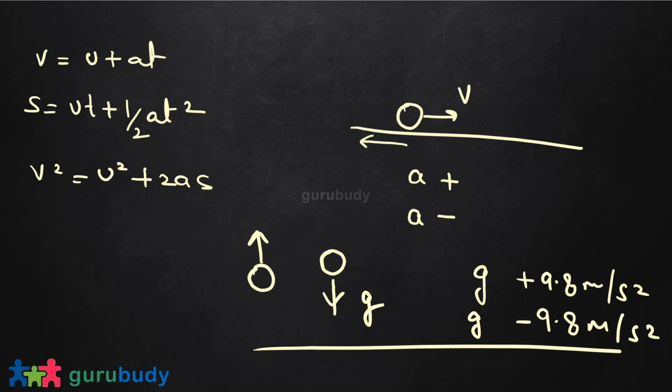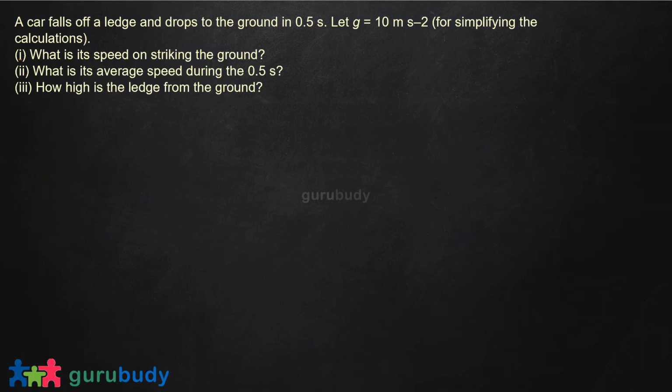Now let's look at a problem here. In this problem, they're saying there is a car which falls off an edge and drops to the ground in half a second. They also gave us the value of g. They're saying use 10 meter per second square. We calculated the value of g to be 9.8, but they're saying use g equal to 10, and this is basically for simplifying the calculations.